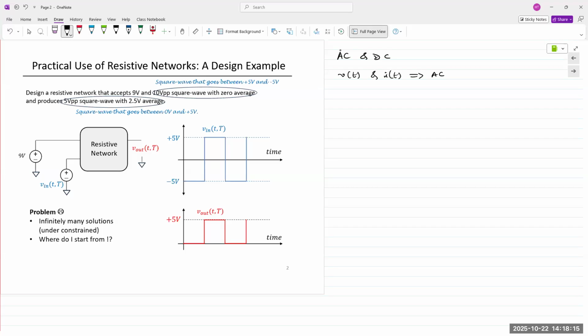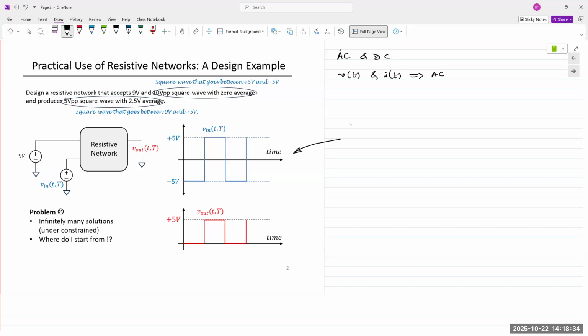All right, so that's AC. We saw AC, there are sine waves, square waves. I believe in the lab you have used both sine waves as well as square waves, right? You have used both. So let's talk about what a square wave is, okay?